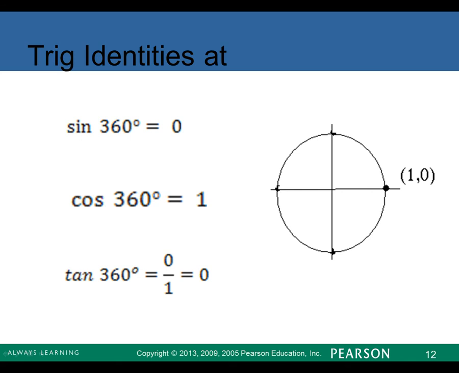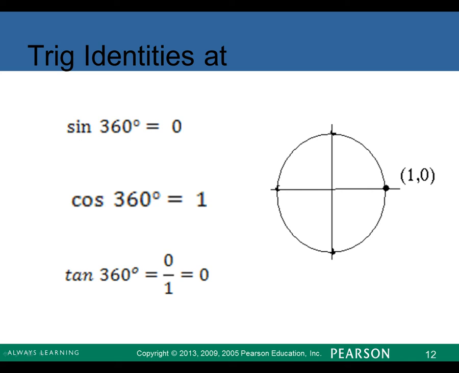And then here we go back around, whether we're at 360 or 0, the values, we call these values functional values or terminal point, depending on what textbook you're looking at, are the same. So this would be, again, radius of 1, x is 1, y is 0.